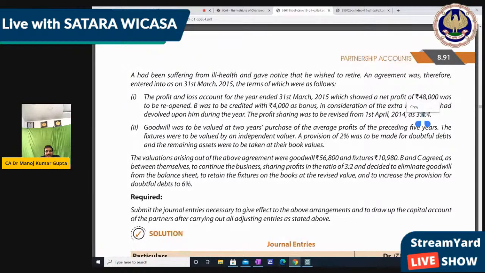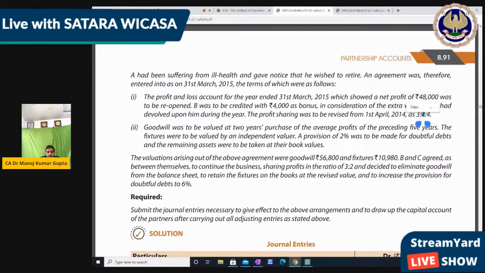Means goodwill is already there in the books, but now the goodwill value is 56,800, while previously I think goodwill is 40,000 only. So whatever additional part is revalued is given to the old partners. But now they want to eliminate the goodwill value entirely, not only this 40,000 but 56,800. That means 56,800 is the total goodwill, out of which 40,000 is existing and 16,800 is new. Right?